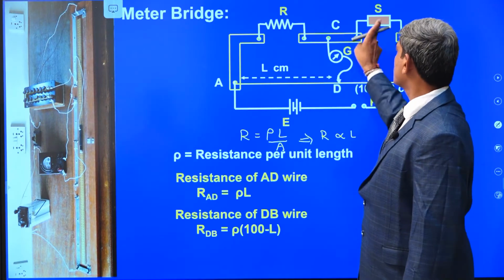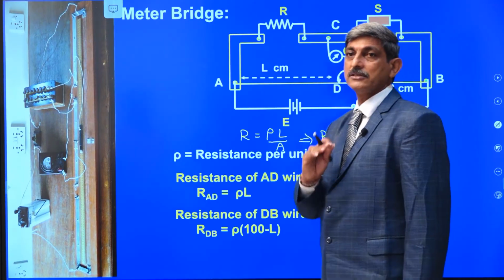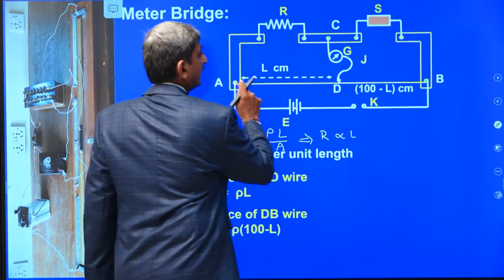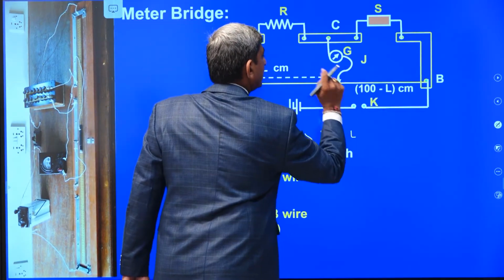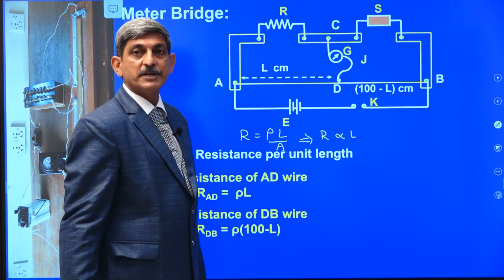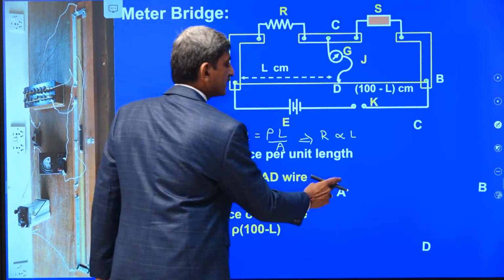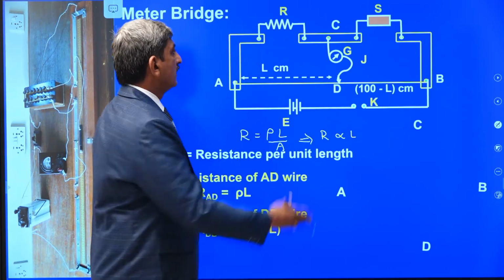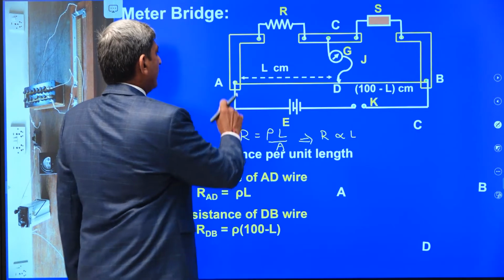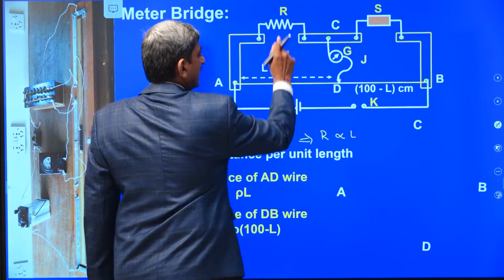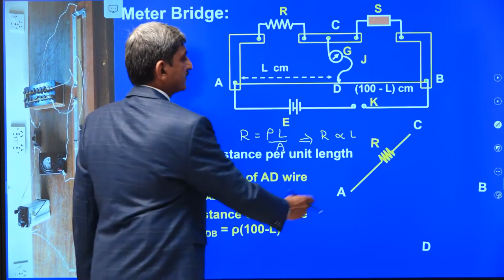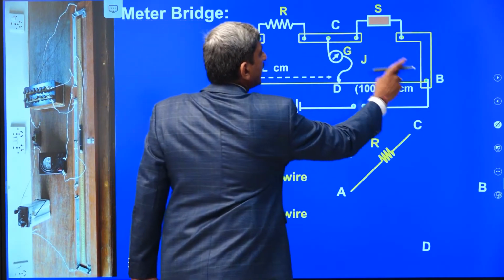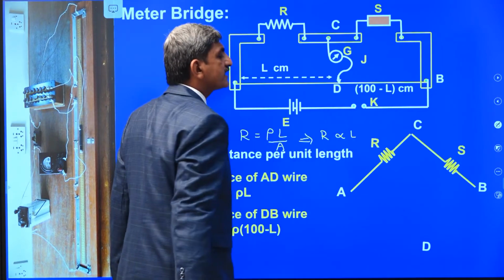Now, these four are forming the 4 arms of the Wheatstone bridge. See here, there are A, B, C, D points in the metal bridge network. Look into this diagram. Between the points A, C, unknown resistance R is connected like this. Between the points C, B, standard known resistance S is connected.